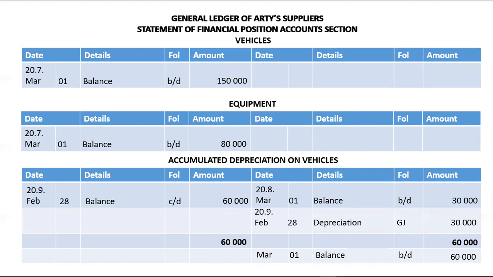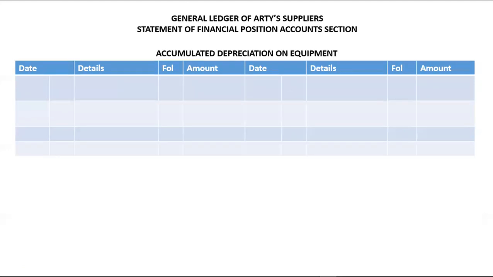And then we're going to have accumulated depreciation on equipment. Accumulated depreciation on equipment balance. Remember, accumulated depreciation will increase on the credit side, it decreases on the debit side, it's minus plus. Accumulated depreciation at the beginning of the year was simply 12,000 rand.